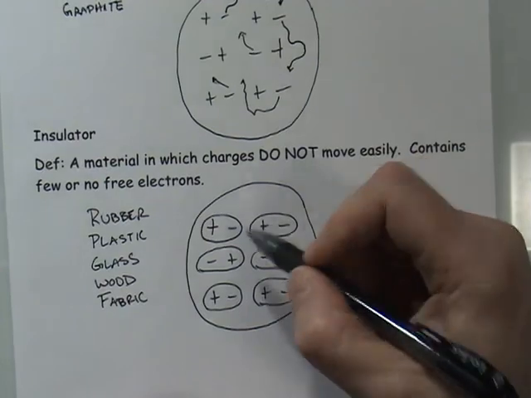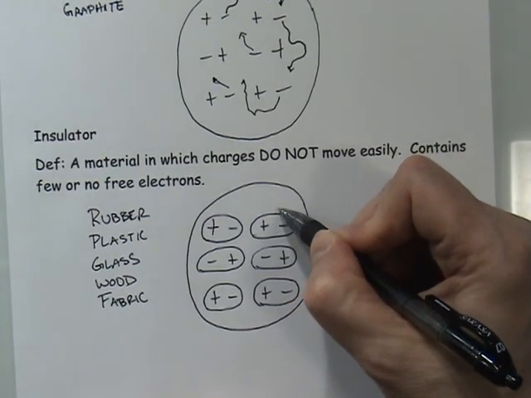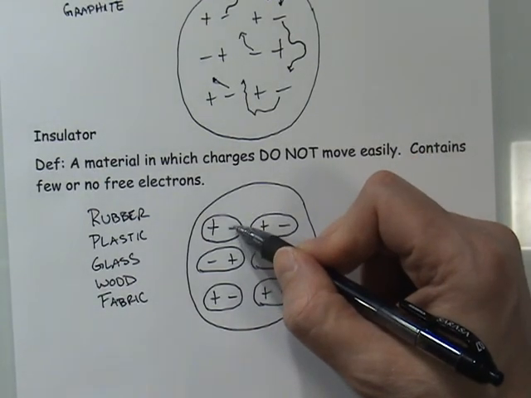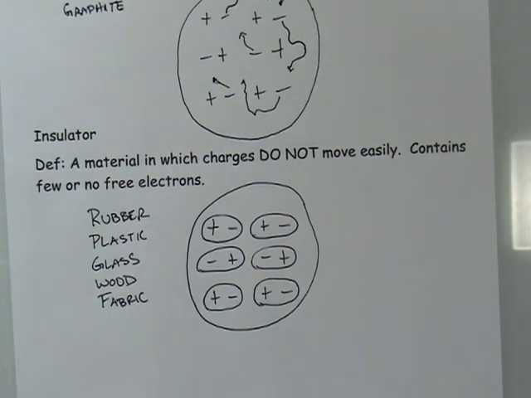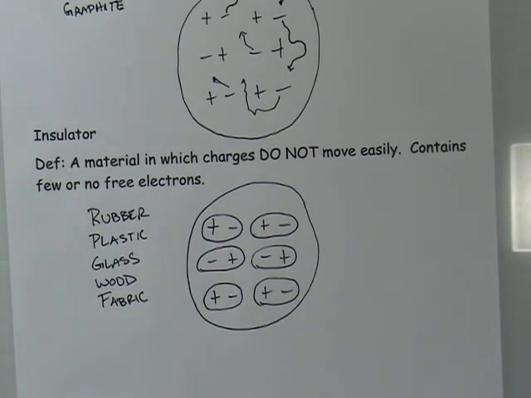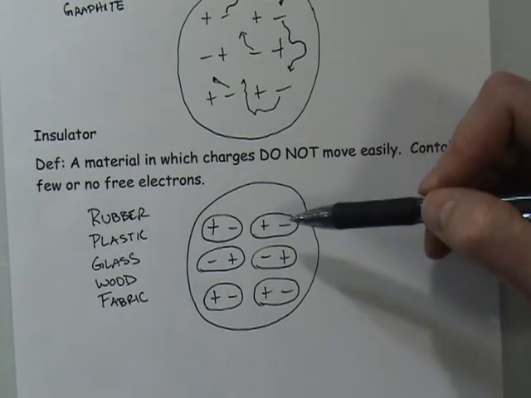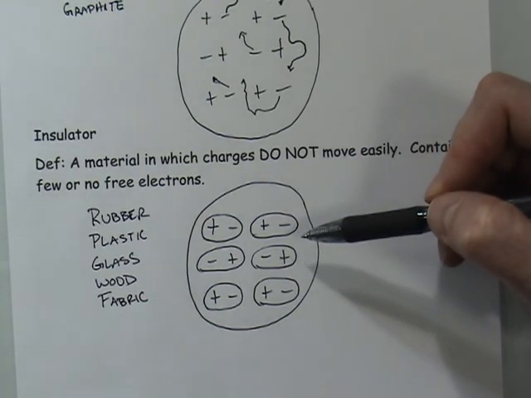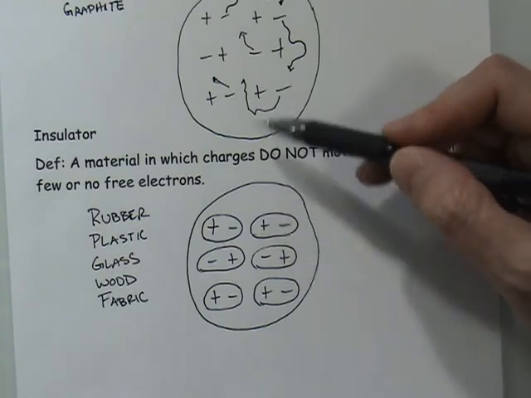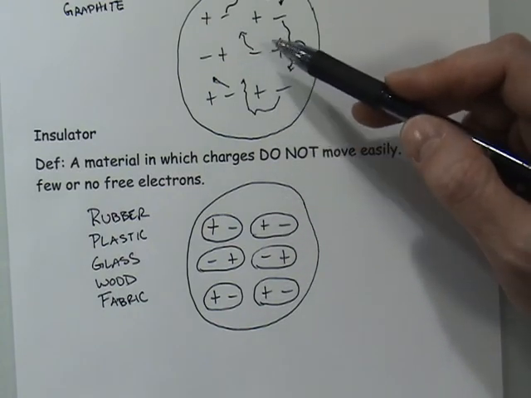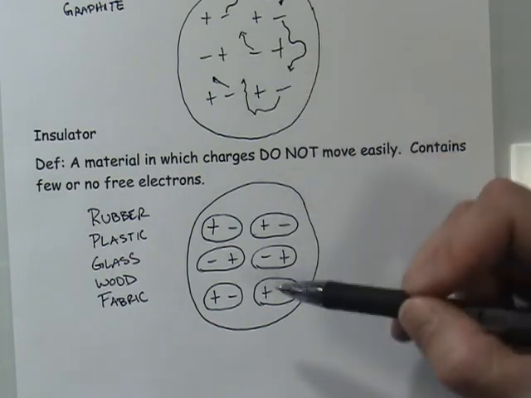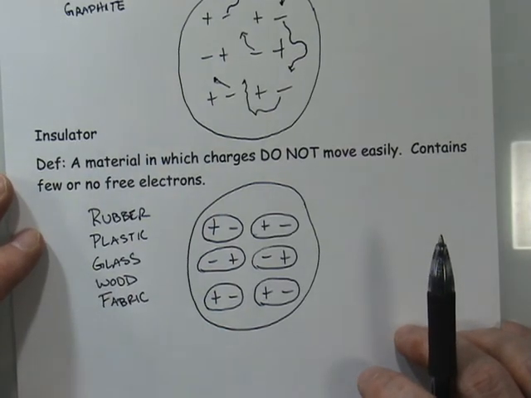They cannot leave. This guy cannot just migrate away and go to wherever he wants. He has to stay here. They are tightly bound. And so while you'll see as we go forward with this topic that there are some things that are still similar, even conductors and insulators can behave in the same way, there's something slightly different going on inside of them in the way the charges in a conductor move compared to the way the charges in an insulator move.